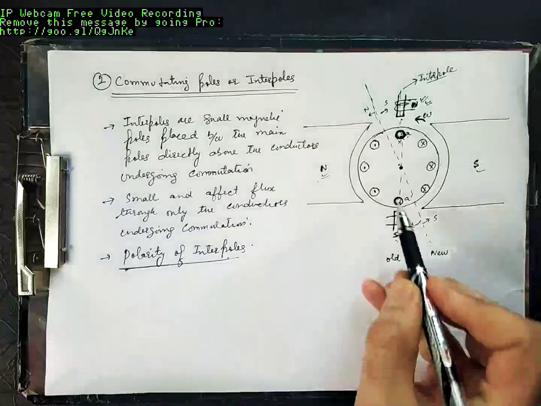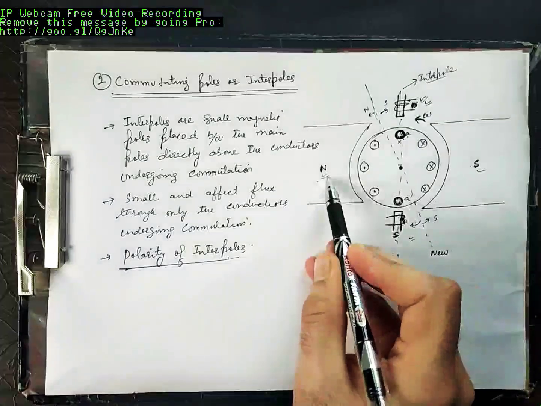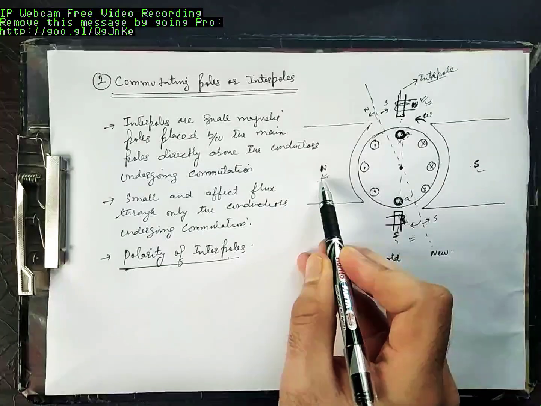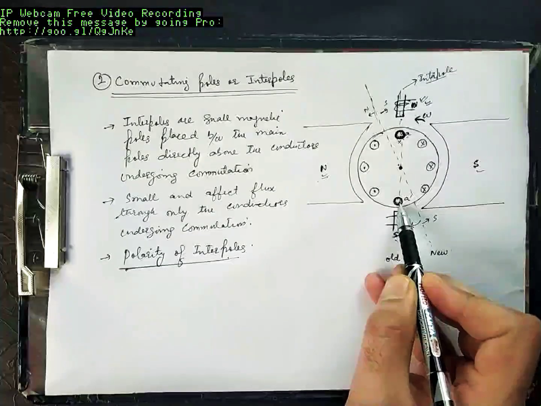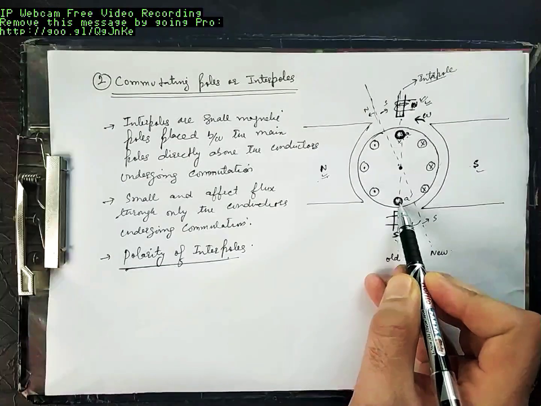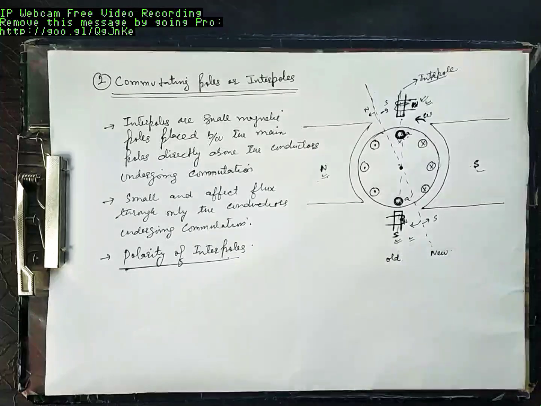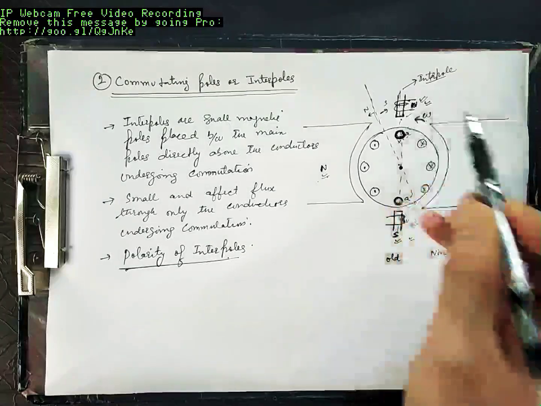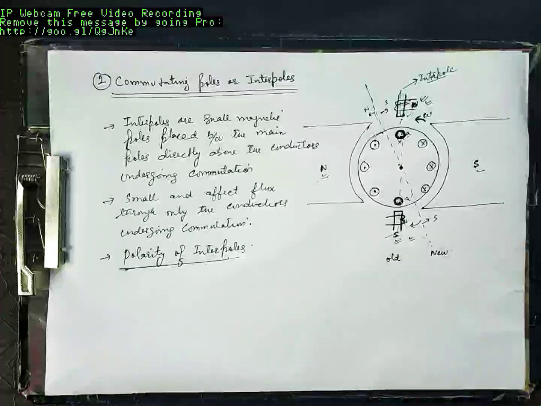Similarly, this conductor is already under south pole, that is, this has EMF corresponding to north pole. We want to induce EMF in this corresponding to south pole so that the net EMF is 0. So we use here a south pole. Then what should be the polarity of interpole here?